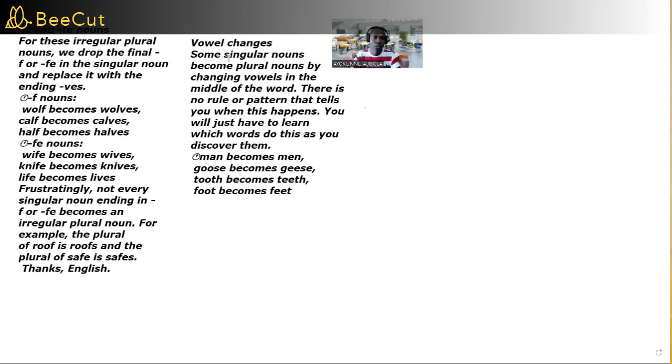So there are some of these that, when we meet the vowels in the middle of the word, they change. There's no single rule that tells you when this happens. You just have to learn it. Like man becomes men. Vowel A changes to E. Goose becomes geese, so vowel O changes to E. Tooth becomes teeth and foot becomes feet in plural form. Is that taken?